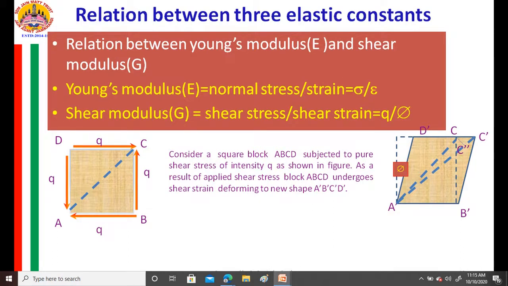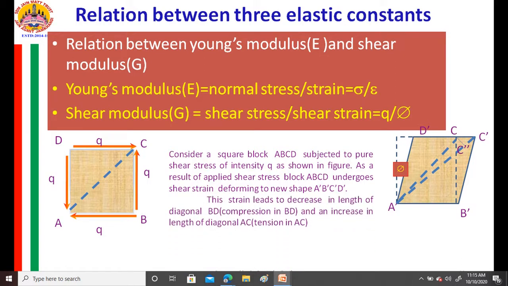I am converting it into the shear strain phi from the geometry, and hence I am getting the required relationship. So I am doing a construction there. I am drawing CC double dash perpendicular to AC dash.